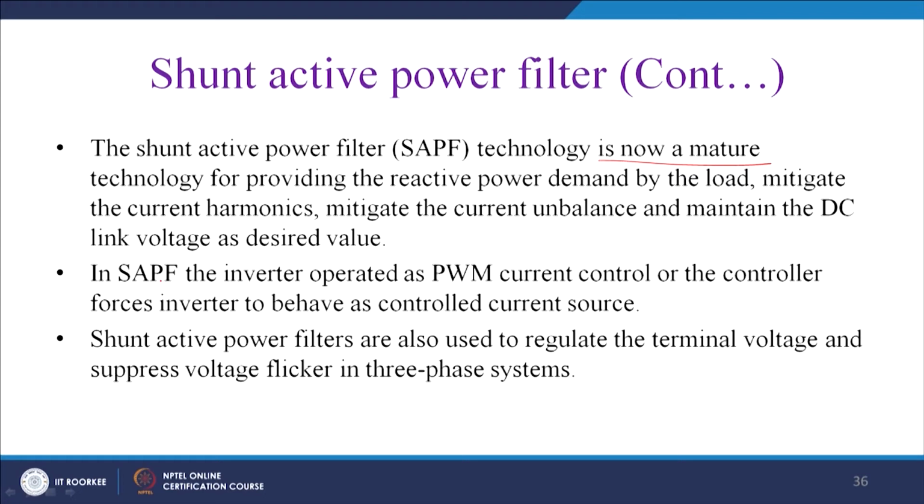The shunt active power filter inverter is operated as a PWM current control, or the controller forces the converter to behave as a controlled current source. It is a voltage source inverter that basically works in a current control mode. Shunt active power filters are also used to regulate the terminal voltage and suppress voltage flicker in a 3-phase system.